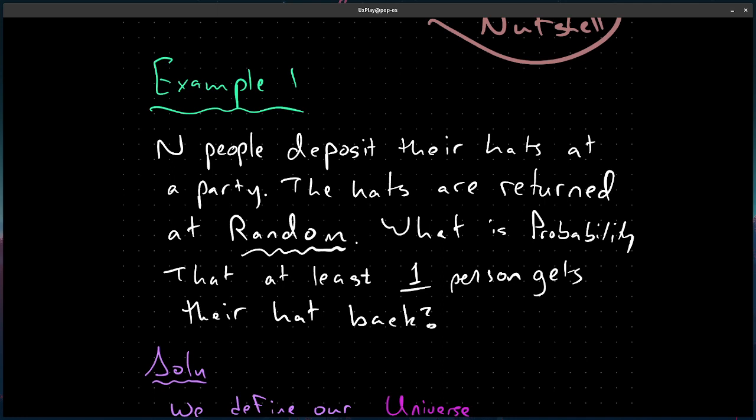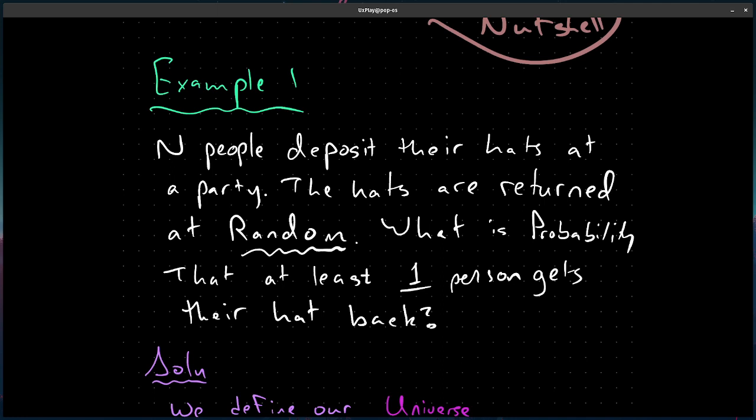At the start, we might think, well, what's the probability that I get my hat back? If there are n people who went to the party and everyone gets their hat back with random chance, I know that I'm going to get my hat back with a 1 out of n chance. So the probability that at least one person gets their hat back is obviously going to be at least 1 out of n.